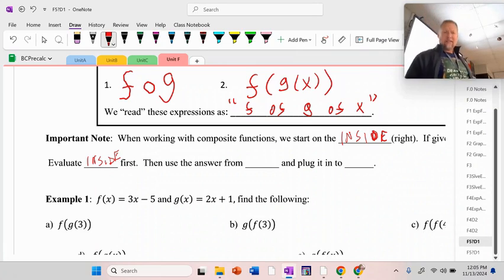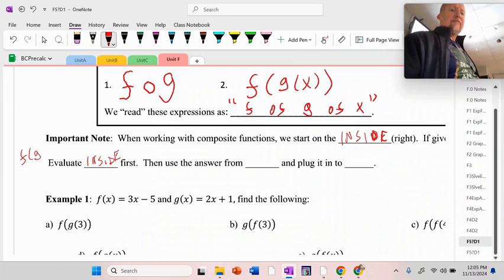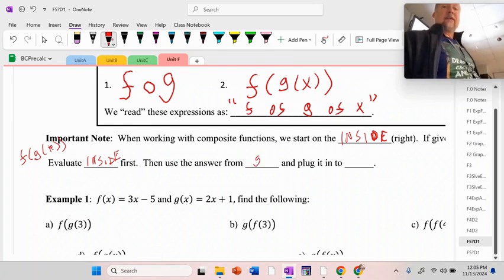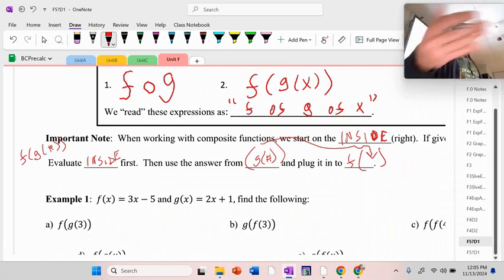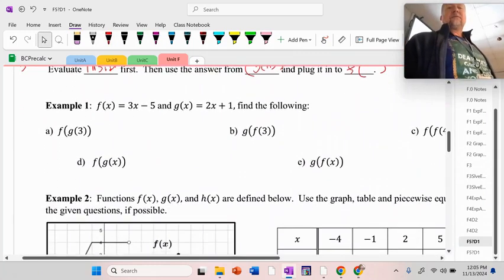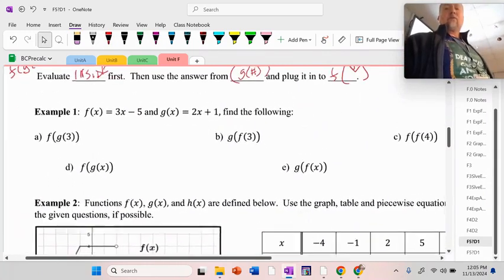So if I have f of g of a number, what this means is you do the inside first, you find out what g of the number is, and then you f that answer. You plug it into the f function. That sounds weird. But anyway, let's move on. I don't know what language they're looking for here in these notes. I should have copied more of their work.